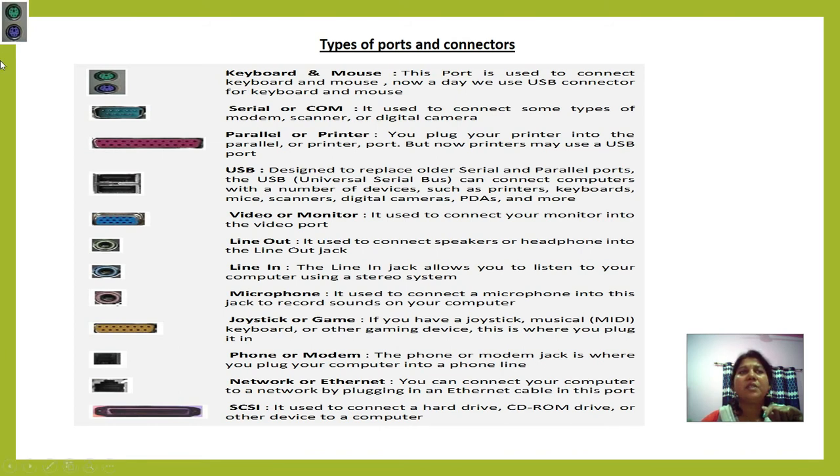USB is designed for attaching keyboard, mouse, printer, pen drive, etc. Then this is the VGA port where the monitor is to be attached, and these are the mic in and mic out, or line in, line out, microphone. And for game purposes, you can attach here also, which is called the joystick or game port.